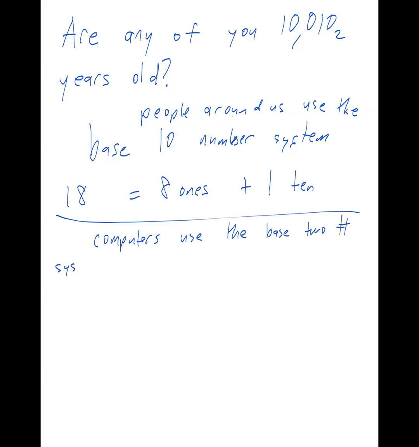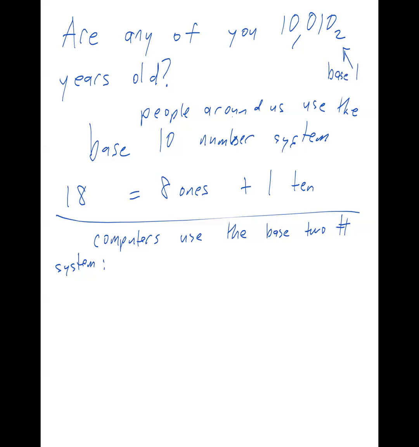That's because they use transistors and diodes that can have 2 states, an on or an off. So it's natural for them to think of things as either a 1 or a 0. This 2 right here makes it perfectly clear which number system is being used.